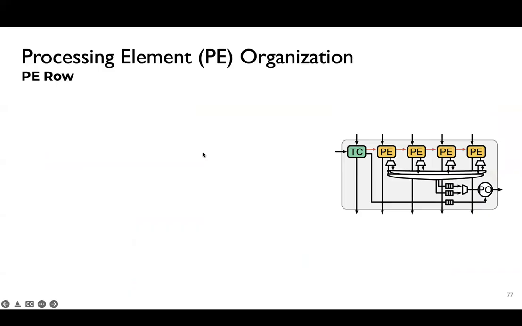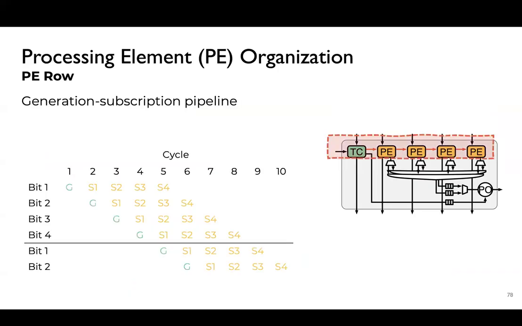So far we've focused on the column organization. Now let's move on to Carat's PE row organization. The temporal bit stream is propagated from left to right, from the temporal converter to all the PEs in one row. So they form a generation subtraction pipeline.